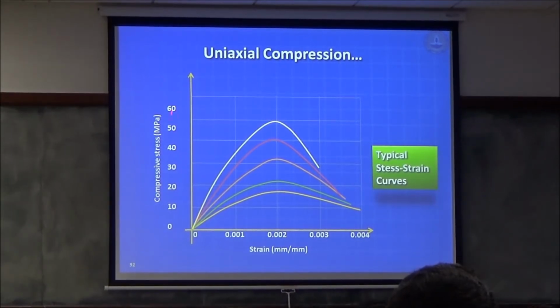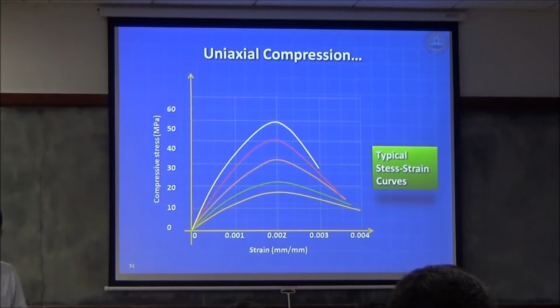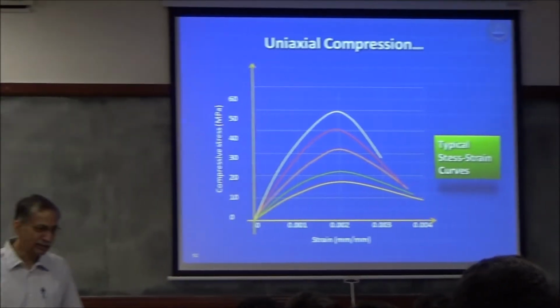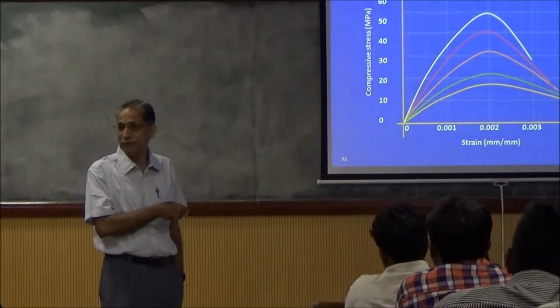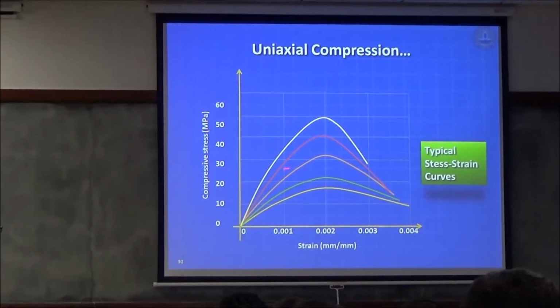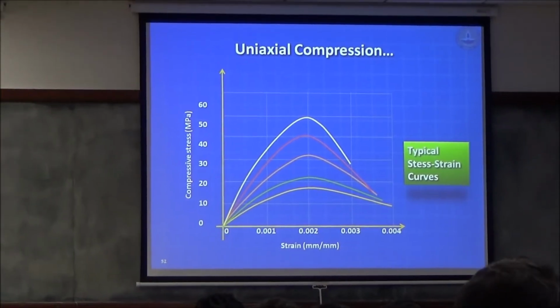This is like M50 concrete. You could be asked a question: sketch on the same scale the stress-strain curves of M20 concrete and M50 concrete. So you must show this behavior. This is 50 MPa, this goes to 40, and so on. This is about 50, 80.